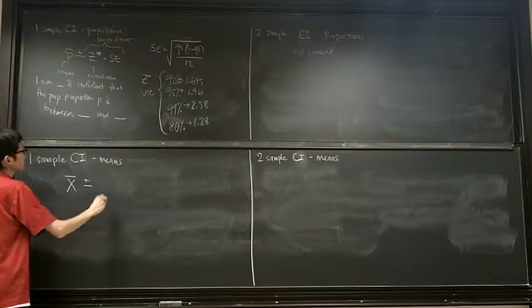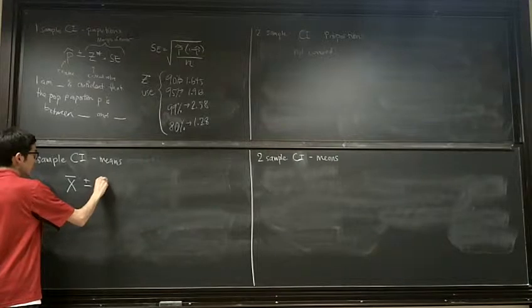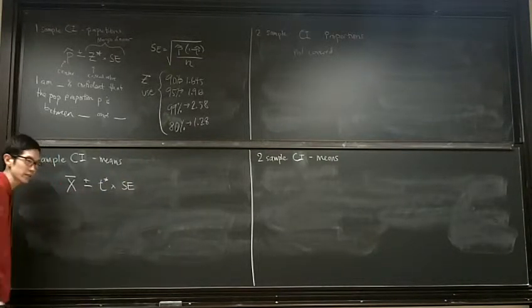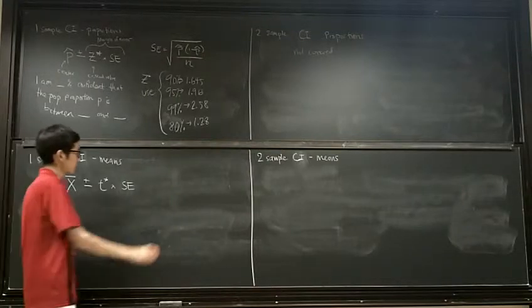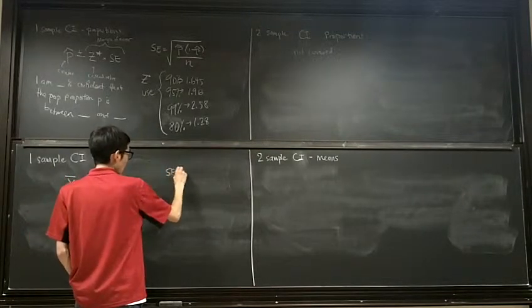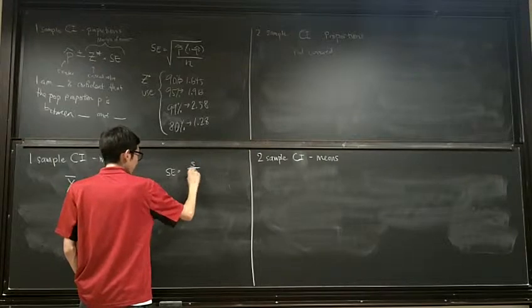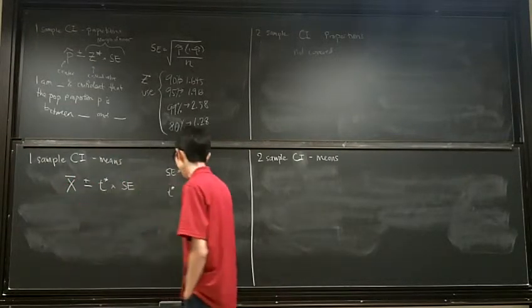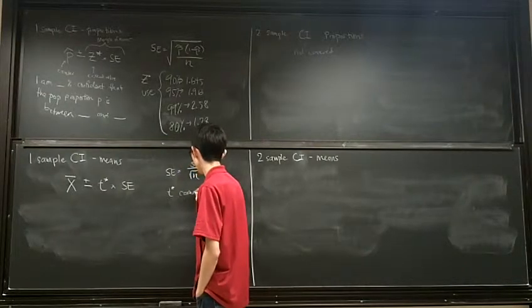X bar plus or minus t star times standard error. Standard error is s over the square root of n. T star comes from our t table.